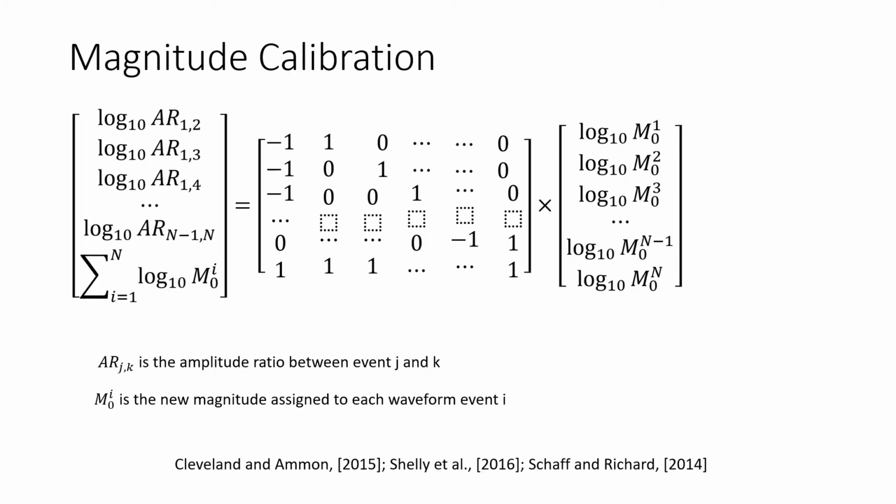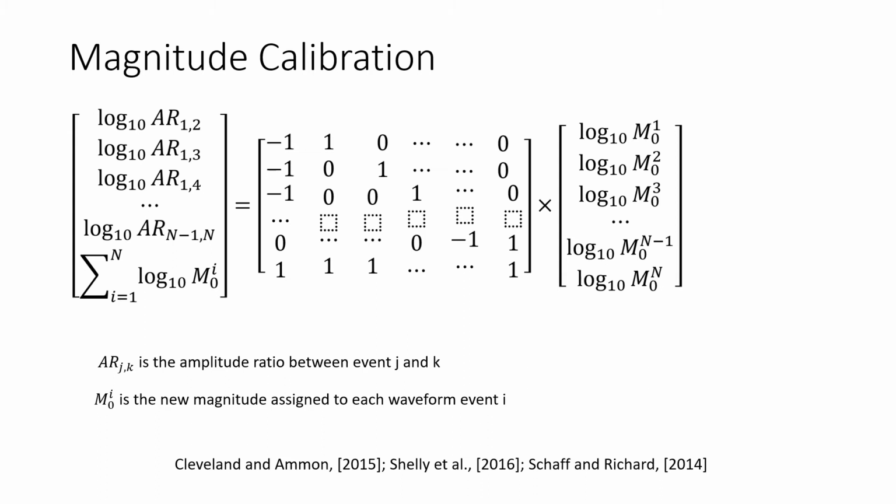Amplitude ratios are used to invert for new magnitude m, where the superscript is referring to the event number, and the logarithmic amplitude ratio AR subscript j and k between templates j and k is the average principal component, maximum diagonal eigenvalue of the covariance of waveforms j and k at each station.